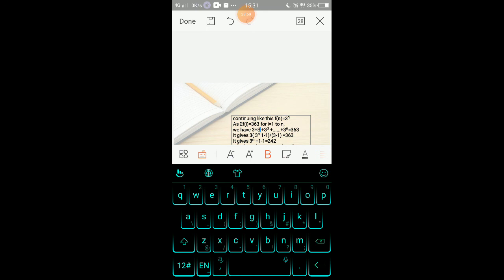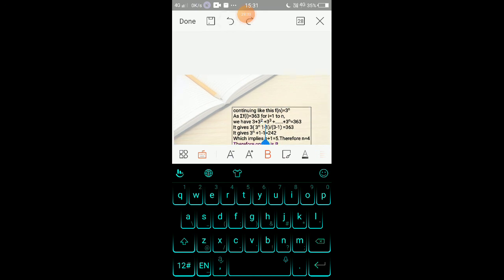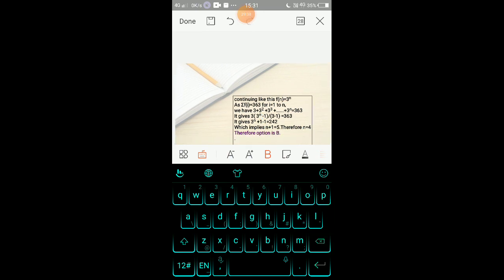So the previous one only correct, 3 power n minus 1. So 3 power n minus 1 is 242. 3 power n is 243. So n is equal to 5.